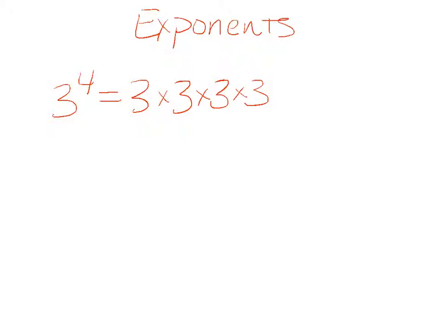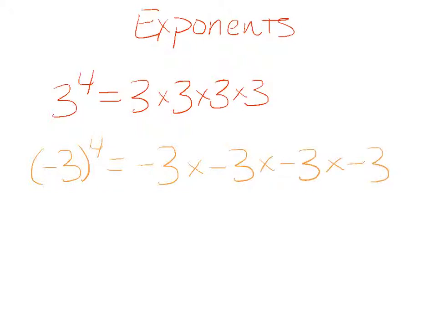So if I have something like this, negative 3 to the 4th, that means I have negative 3 four times. And remember, whenever you multiply a negative by a negative, which we have right here, we get a positive. A negative times a negative is a positive.